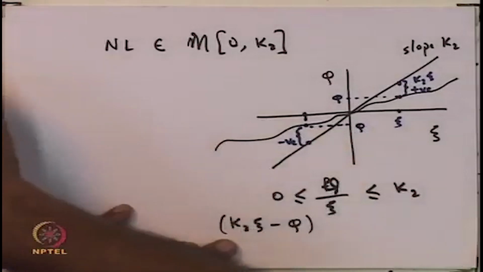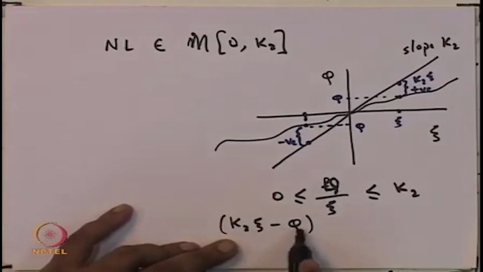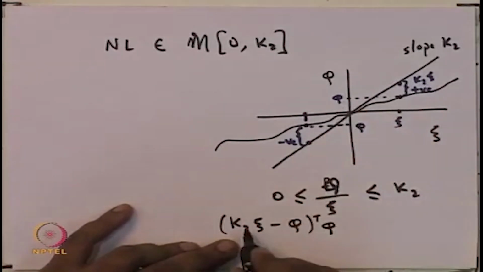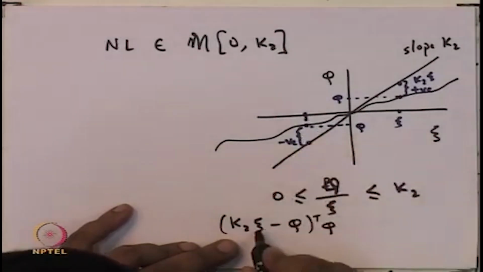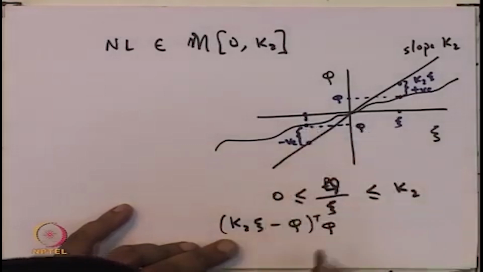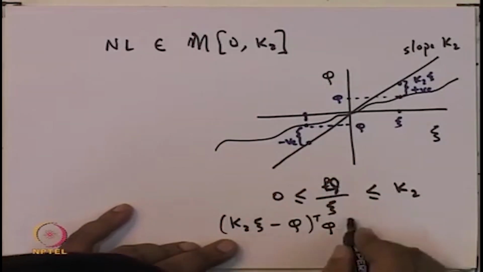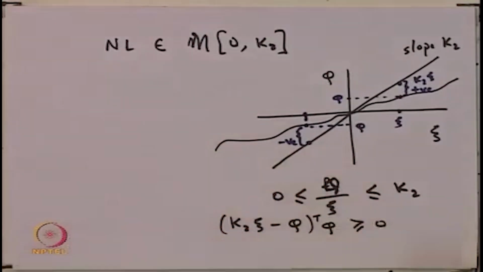So, I could write the following down: K2 psi minus phi transpose multiplying phi, the output. When this is positive, this is positive, and when this is negative, this quantity is negative. So, this product is greater than or equal to 0.